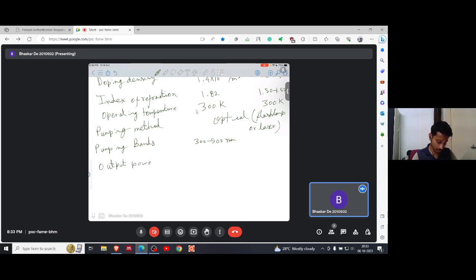Output power is 1 joule per pulse and up to 10 kilojoule per pulse. Mode is single mode or multi-mode.